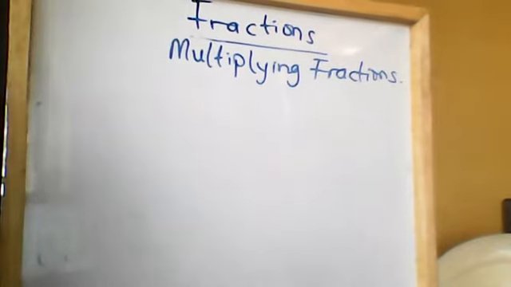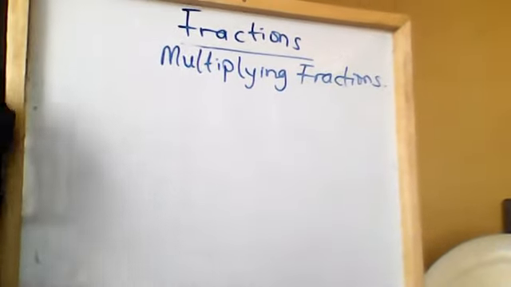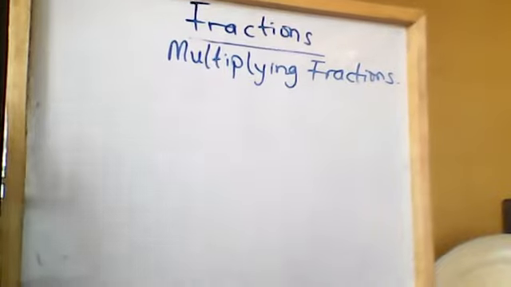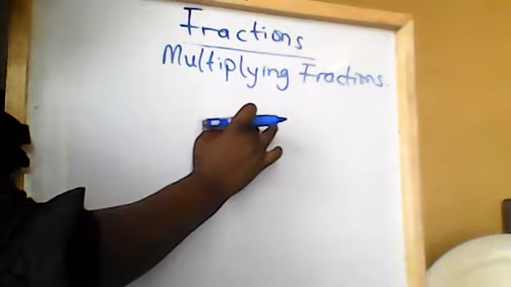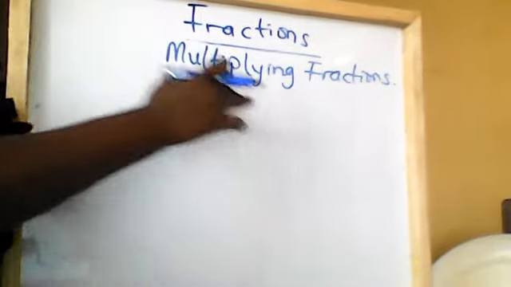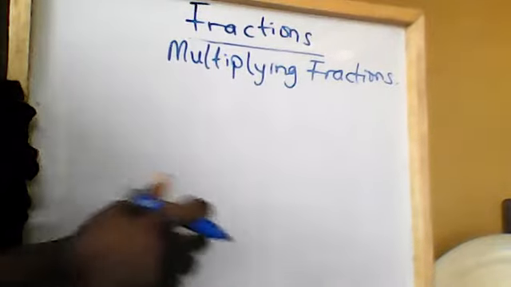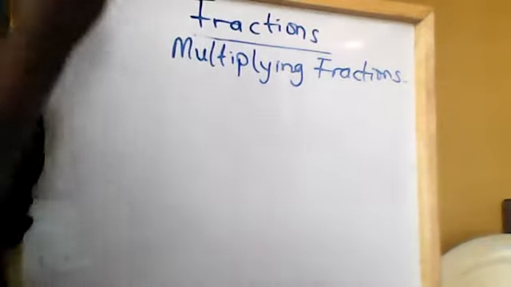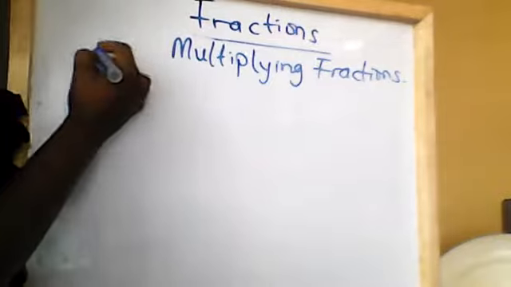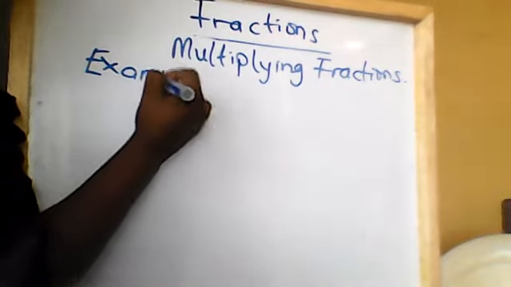So multiplying fractions. Fractions are multiplied by multiplying the numerators and the denominators respectively. Let's take an example.